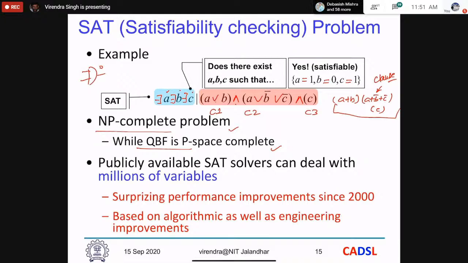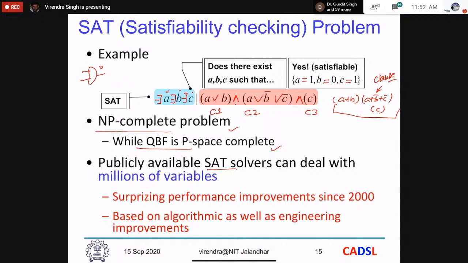So the public domain SAT solvers that we can use can solve problems with millions of variables and several millions of clauses. And luckily, in this century there is a tremendous development in the capacity of the SAT solvers.